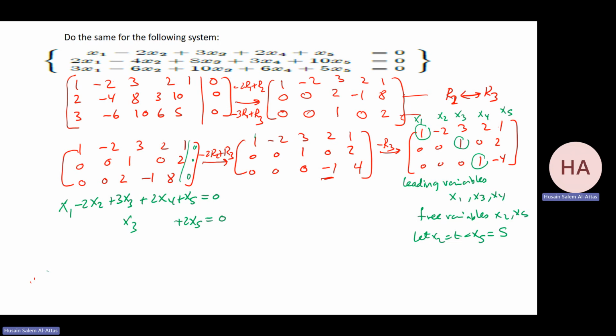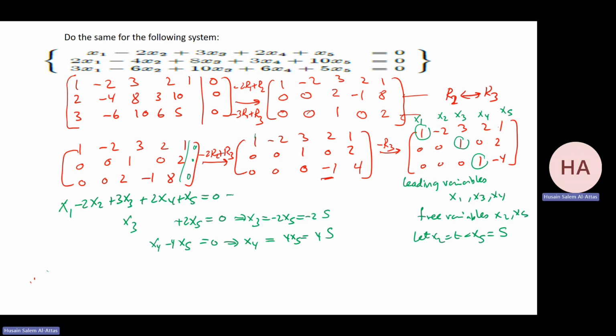And also I have x4 minus 4x5 is equal to 0. Very clear from here, I'm getting x3 is minus 2x5, which is minus 2s. And from here, I'm getting x4 is 4x5, which is 4s.